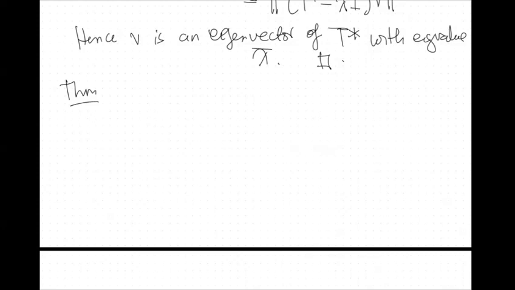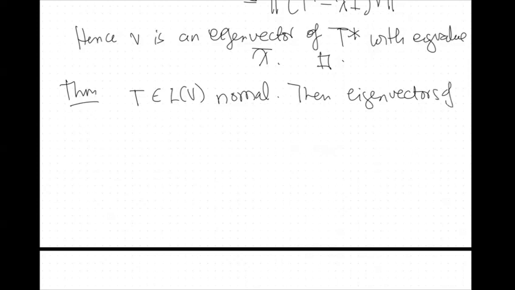This is the last one. T here is normal. Then the eigenvectors of T corresponding to distinct eigenvalues are orthogonal.